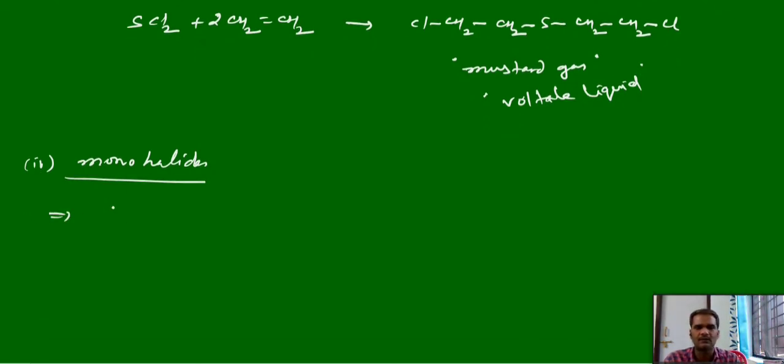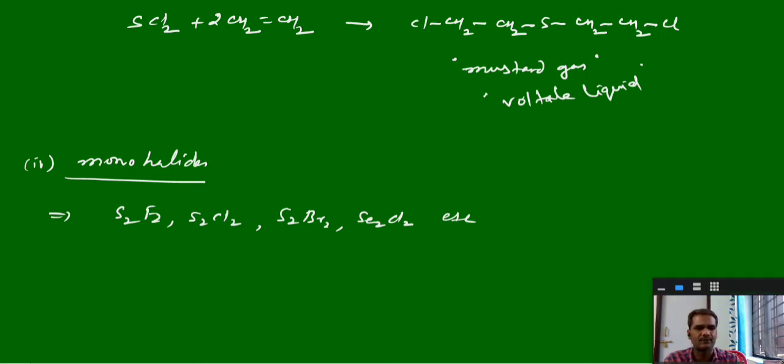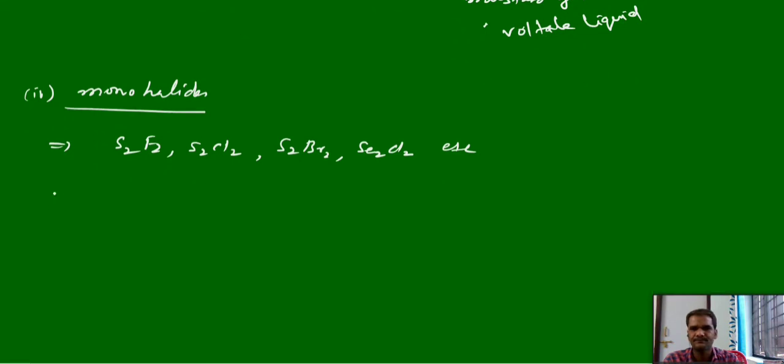Most of the well-known dimeric monohalides are S2F2, S2Cl2, Se2Br2 and Se2Cl2, etc. But these monohalides can easily undergo disproportionation reactions. Here the elemental oxidation state is +1, so they can go to higher or lower oxidation states. This is also very, very important.